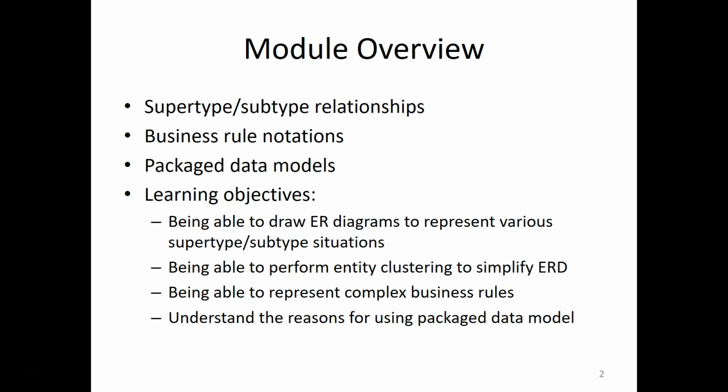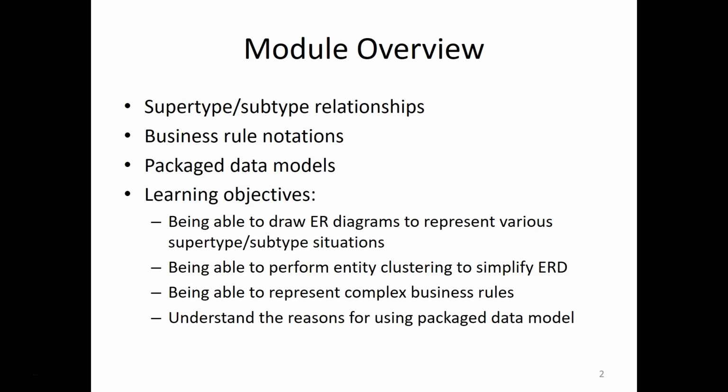Starting a data modeling project with a packaged data model is quite different from starting a data modeling project with a clean slate, and in most cases is more efficient. A packaged data model provides the metadata of a standardized, industry-vetted data model, usually built with a structured data modeling tool.